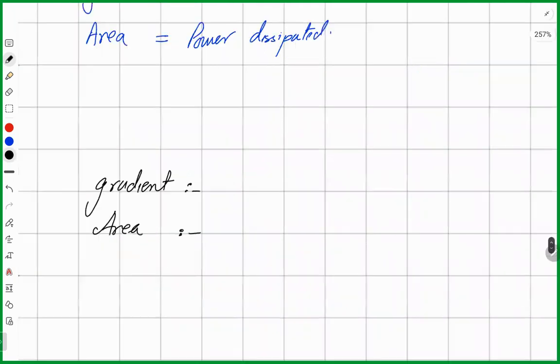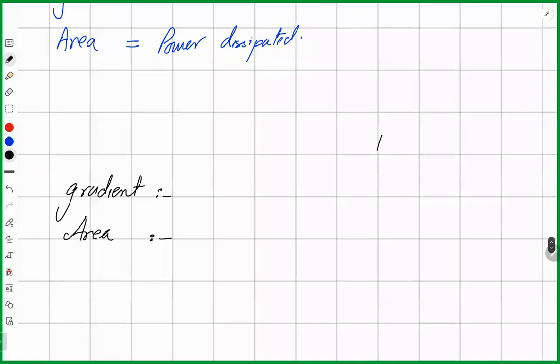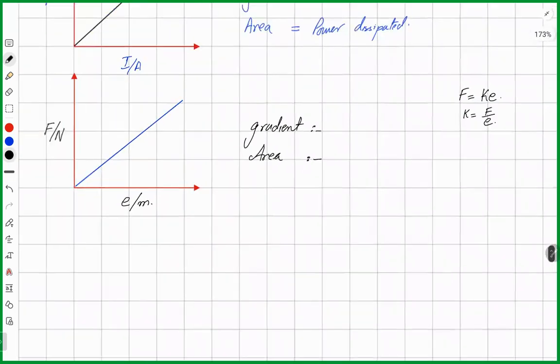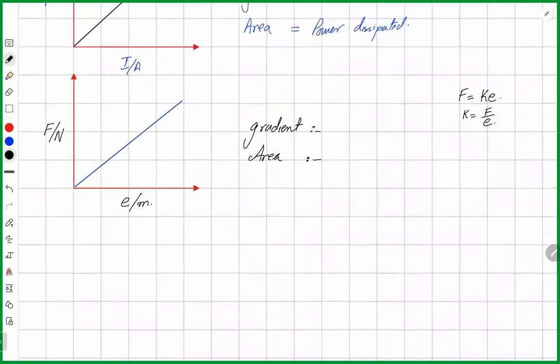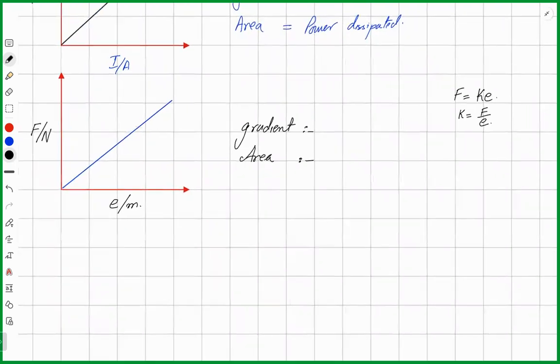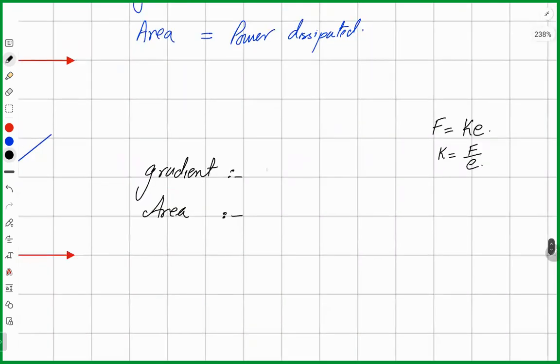If you recall Hooke's law, F equals to ke. K equals to F over E. So we have F over E going on over here. When we find gradient, we will be dividing F with E, so we will be having K. But what is K? The constant. It is spring constant.